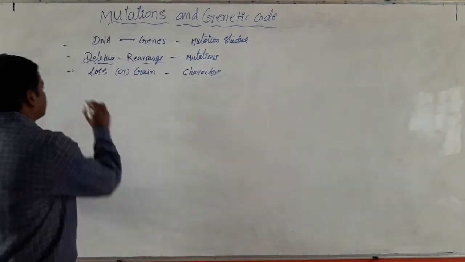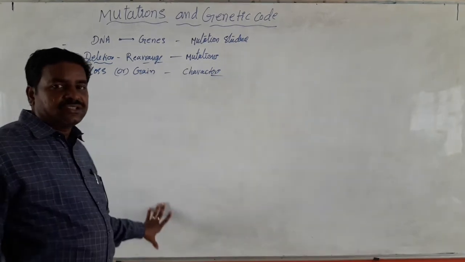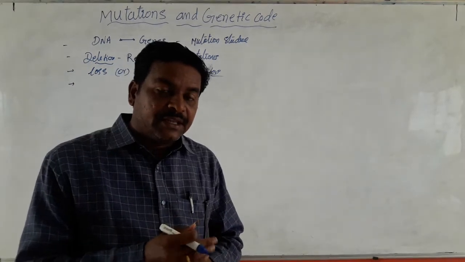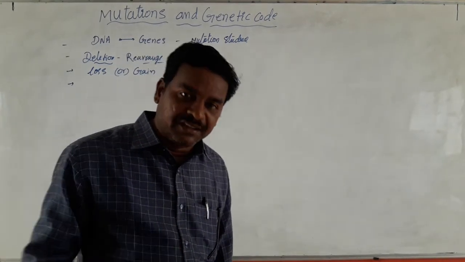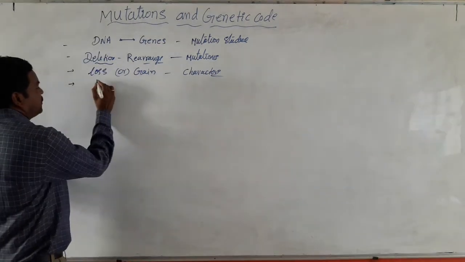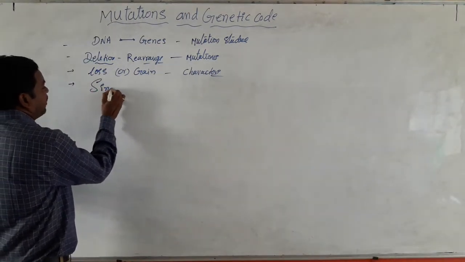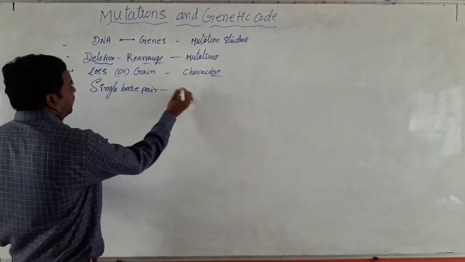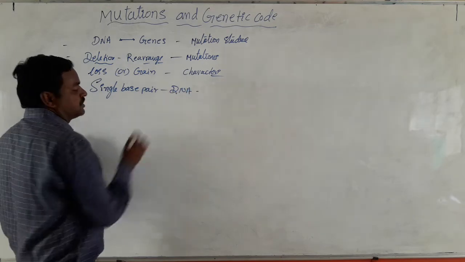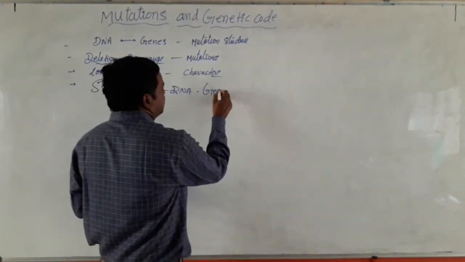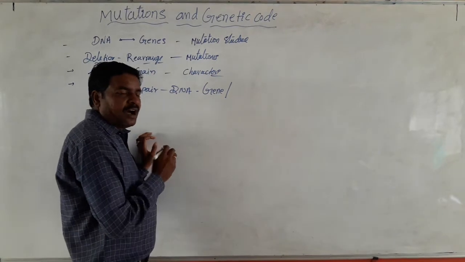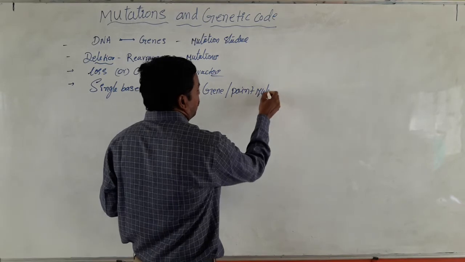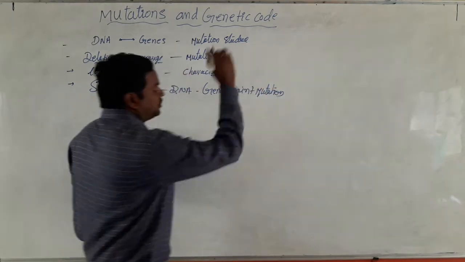Students, here is a classical example. A mutation that takes place in DNA at the level of a single base pair is considered gene mutation. This is called gene mutation, or also point mutation.